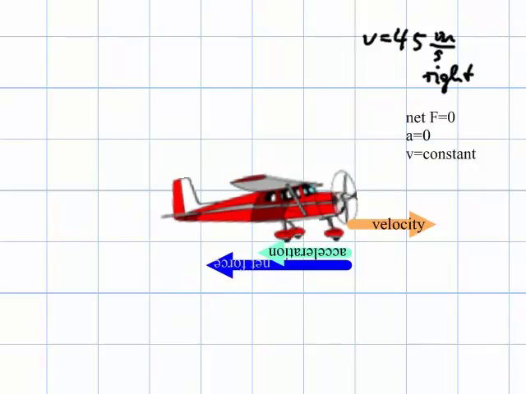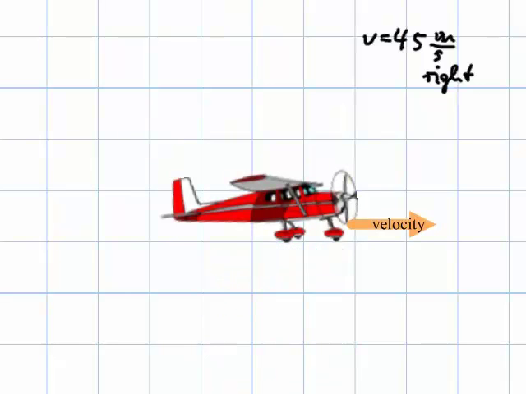Now she decides it's time to land. Actually, I should have taken this one away here first. So it's time to land, but I need to be at approximately the same speed first here. So let's keep it at 45 meters per second. So actually, let's move this back in here. So it stays at 45 meters per second, still moving to the right.